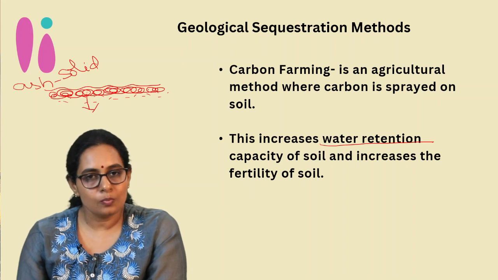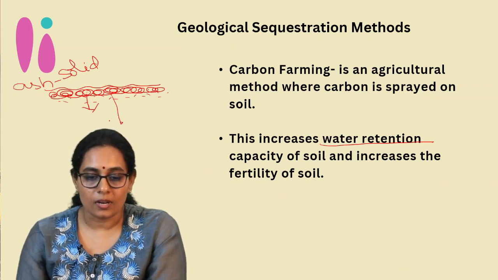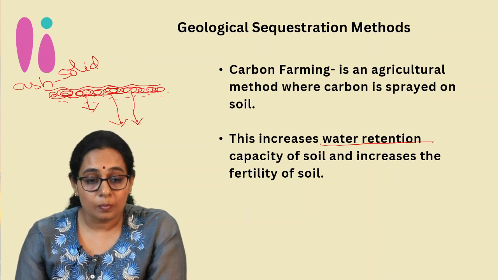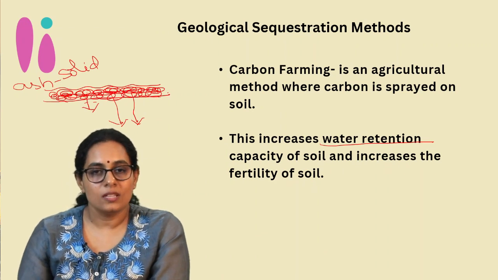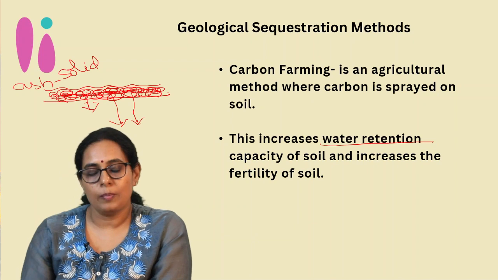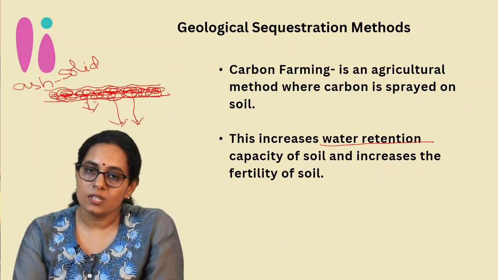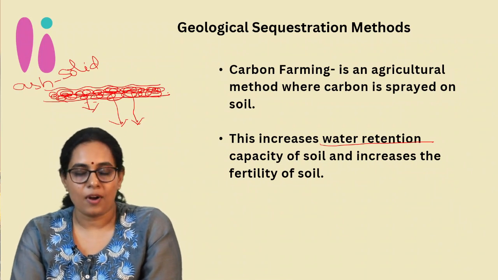In this process, we are not trying to store carbon deeper inside the agricultural fields. It is being stored in the top layer of the agricultural soil. So this acts as an added benefit to the farmer along with carbon sequestration. So this is carbon farming.